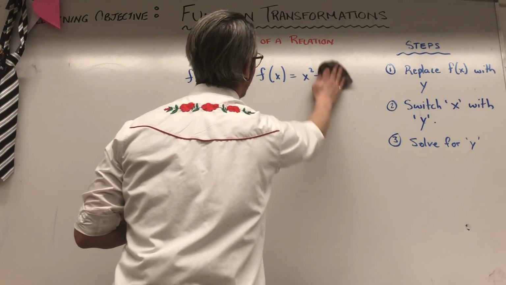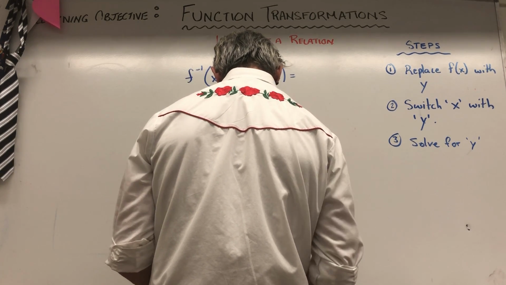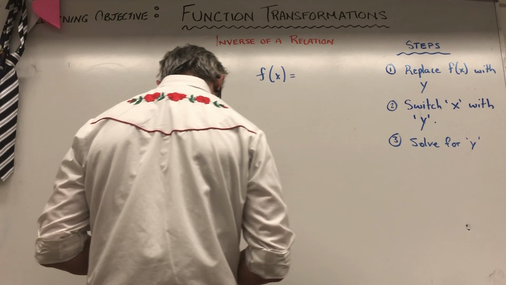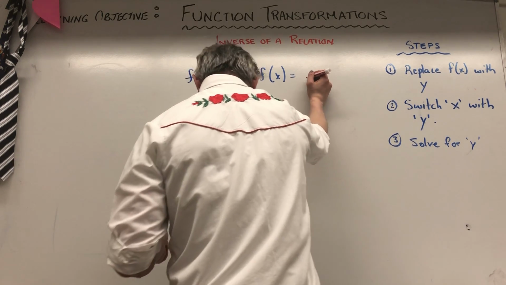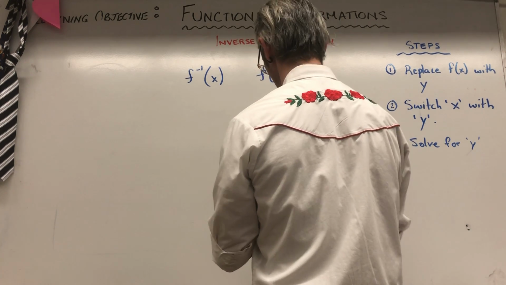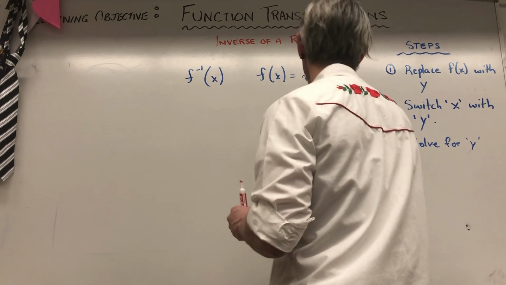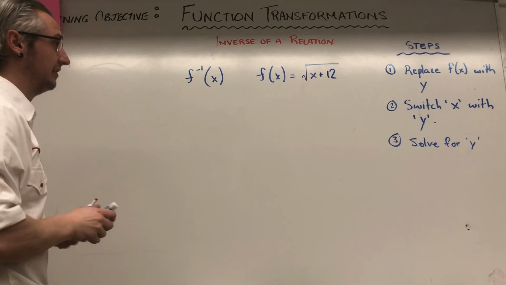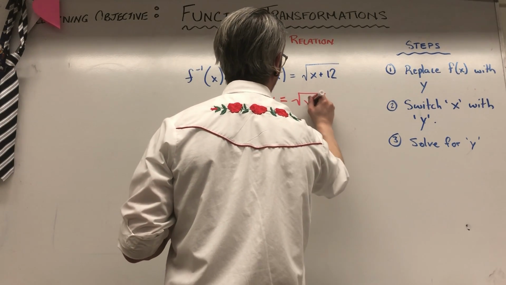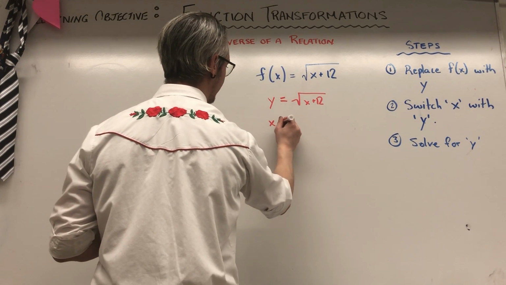So let's do another couple examples. Let's see if the textbook's got a good one for me. F of x is equal to the square root of x plus 12. I'm going to follow my steps. Y is equal to the square root of x plus 12. I'm going to do the old switcheroo.